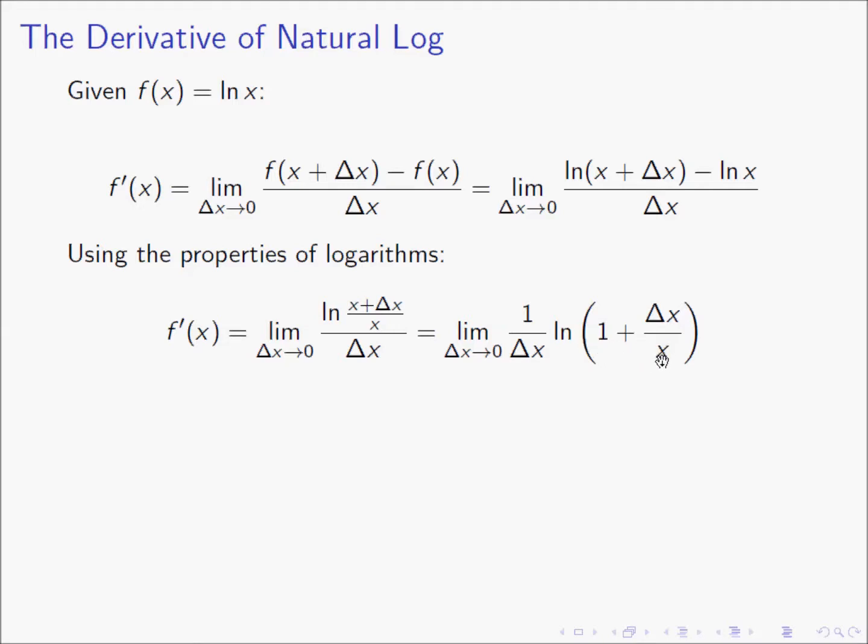Well, this is just another way to write this same expression. And now we're going to apply a second property of logarithms that says that you can take this number here that is multiplied by the natural log and take it here as an exponent, like this. We just took this number here and put it here as an exponent.